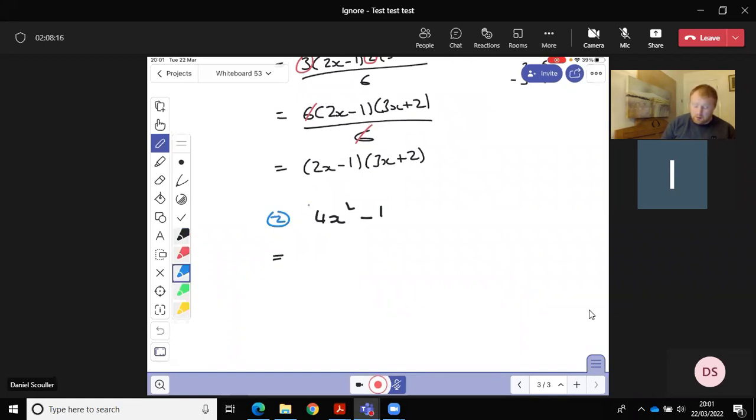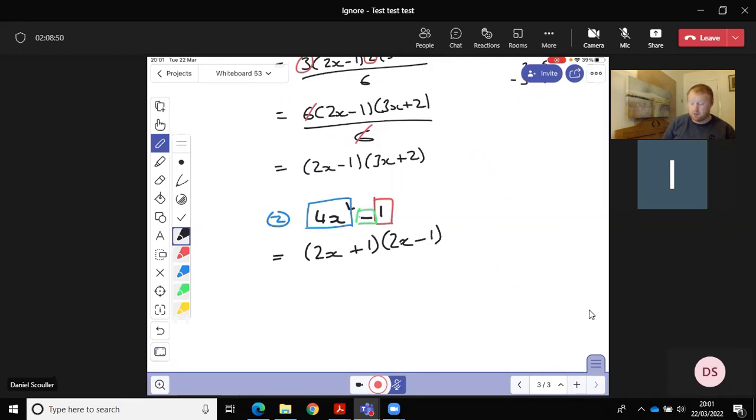That first term is a squared term, it's 2x squared. And that second term, the number 1, is also a squared term, so 1 times 1 is 1. So that is the difference of two squares. Remember, for the difference you just need a takeaway in the middle. So that just gives you 2x plus 1, 2x minus 1. Quite difficult to see something like that.